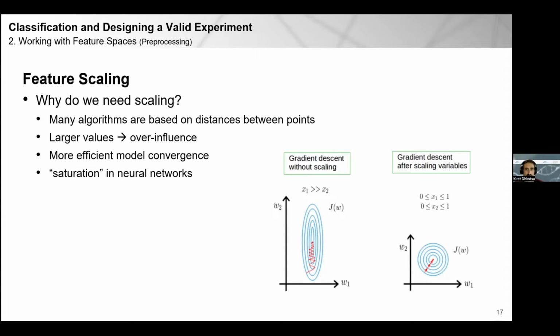And if we're talking about neural networks, we have the saturation effect problem if we don't scale our data properly, which is basically that the activation function that describes whether a neuron, which represents a feature, would be activated or not to pass on information into the next decision-making layer is very sensitive to large values or large numbers.